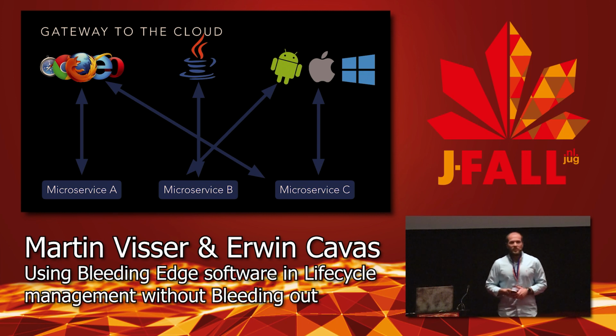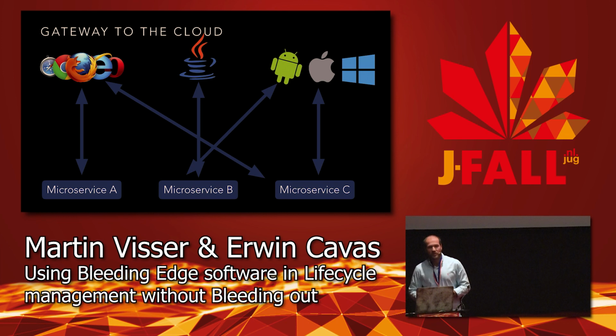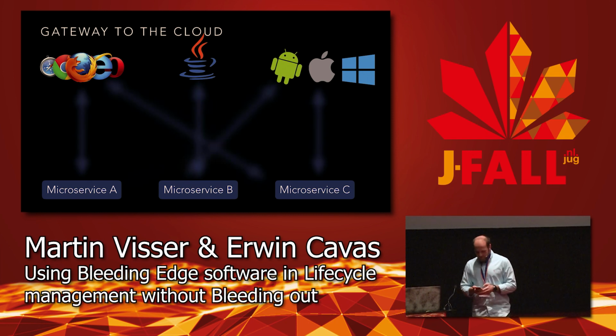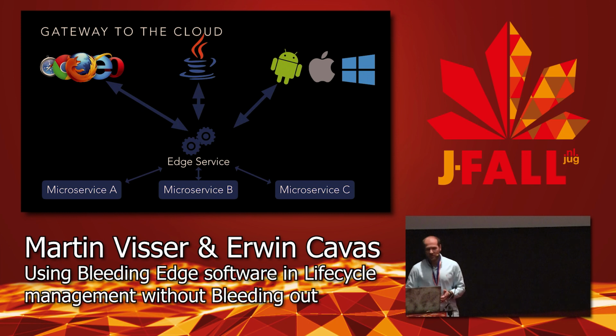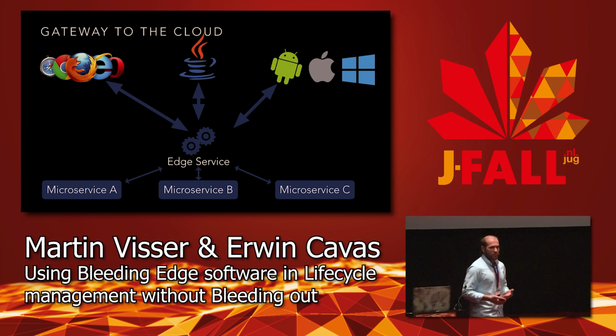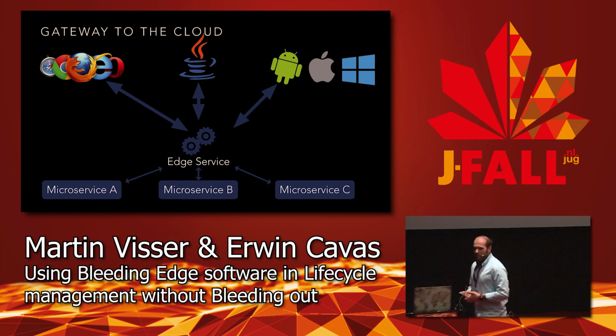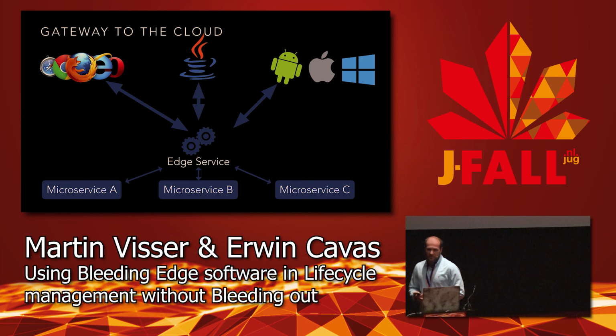So we looked for software to build our Edge service, and we found our candidate, which was back then Netflix's own Zuul, and we implemented it as a facade. The benefit of that is that you only expose one domain to the outside world and hide all the internal microservices.